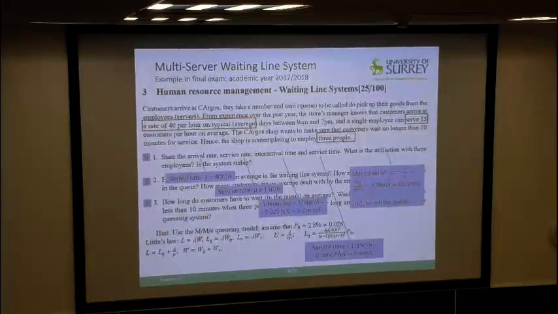That's the effective service rate. Lambda, the arrival rate, is 40, so 40 divided by 45 is roughly 88.9%. This is the utilization with 3 employees. Apparently this is smaller than 1, so the whole system is stable. Okay, this is for the first question.